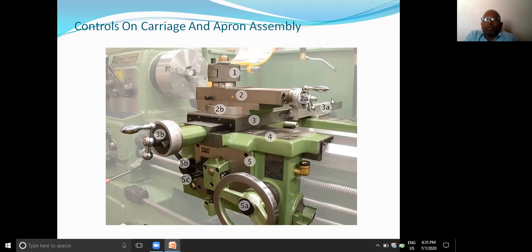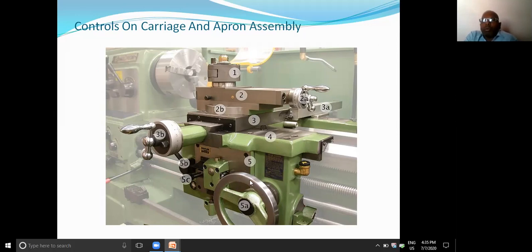Along the length of this male dovetail groove, the cross slide moves in the perpendicular direction. The motion for the cross slide is given with the help of this hand wheel. The motion for the saddle, or the movement for the total carriage, is provided with the help of this hand wheel.